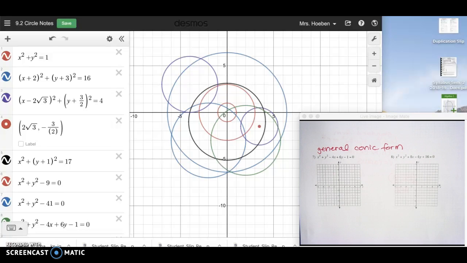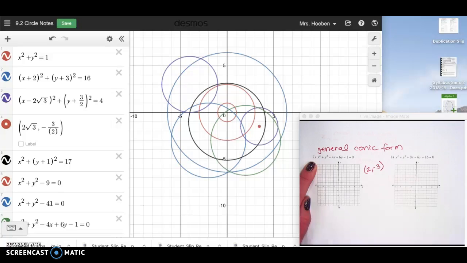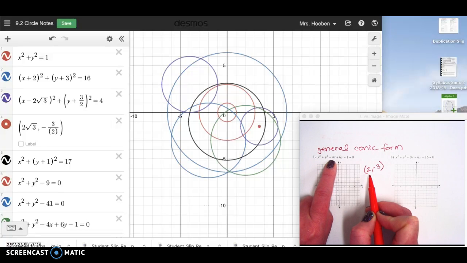Okay, but did you guys notice that once you figured out what the center was, did you see where you could have gotten it from? Who found the center for number 7? 2, -3, right? Where do you think this 2 came from? The 4, right? That -4, you take half.